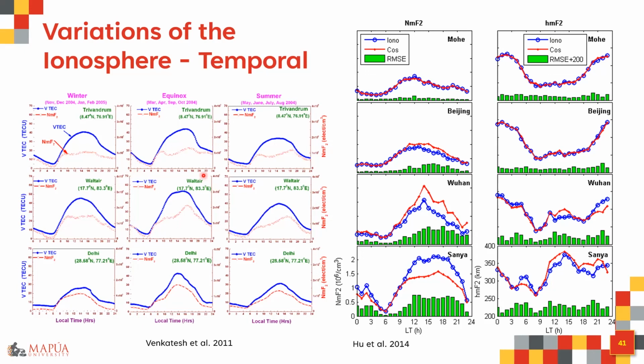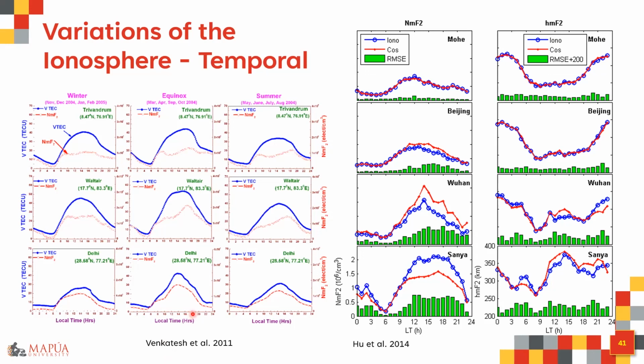Aside from the diurnal variation, you can also see your seasonal variation. During the equinoxes and the winter and summer solstices, the general trend is that ionization during solstices is lower than ionization during equinoxes.